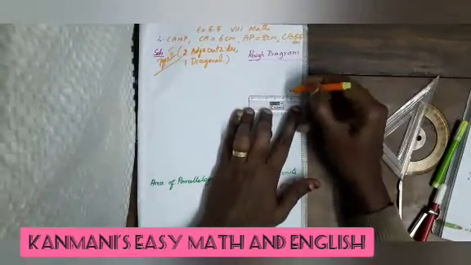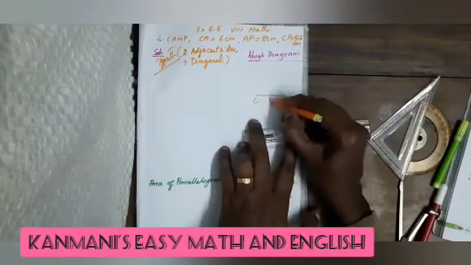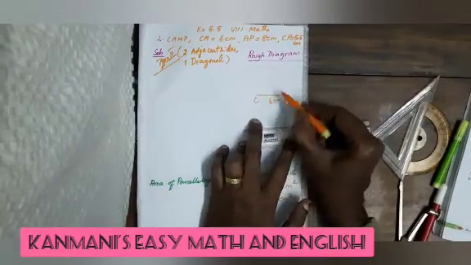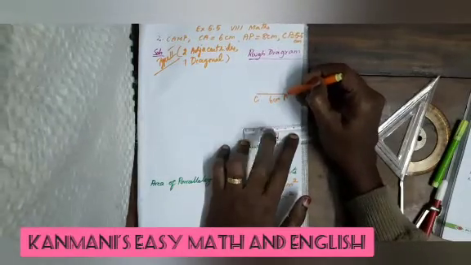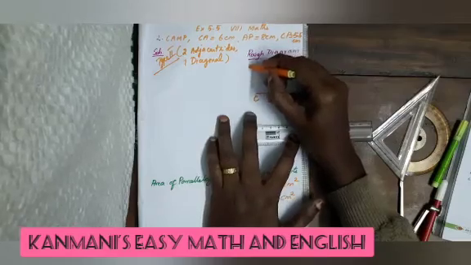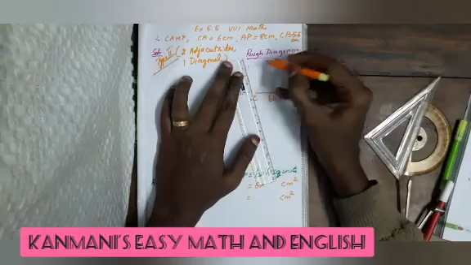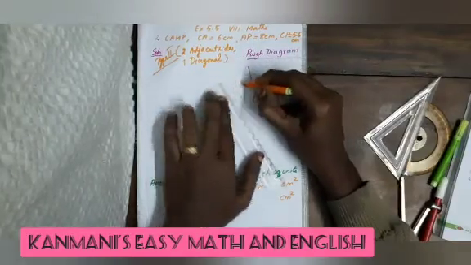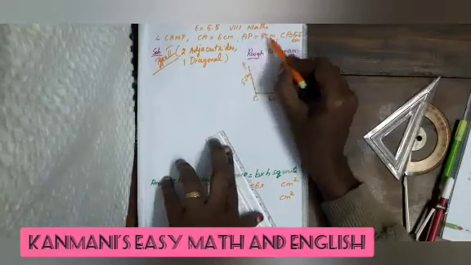CA, the base of this parallelogram, is 6 centimeter. After CA we have to draw AM. So AM has not been given. Instead of that, CP has been given. So what is CP? P will be the end of this parallelogram. So it is 5.5. Next, diagonal has been given, AP.